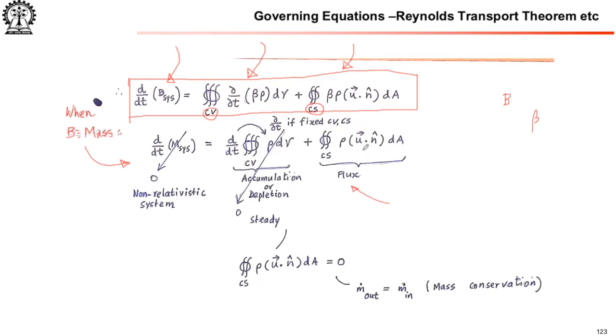Remember once again, this thing gives you the volume rate out of the control volume; multiplied by density, you get the mass rate that is going out of the surface, minus the mass rate at which mass is entering the surface.